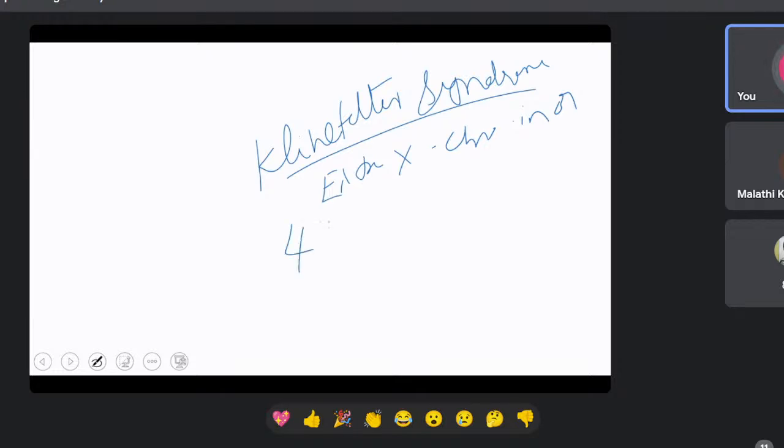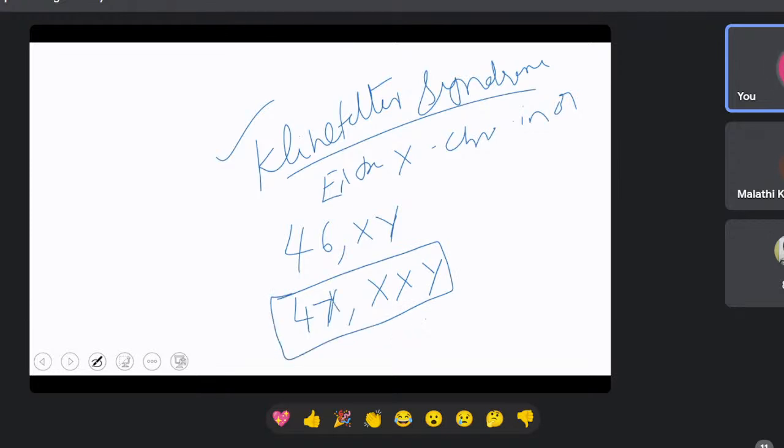So we have the phenotype, karyotype 46XY, and this Klinefelter syndrome individual has 46XXY. So how many total? 47 chromosomes. As there is an additional chromosome in the sex chromosomes, we write it as 47. So 47XXY is the karyotype of Klinefelter.